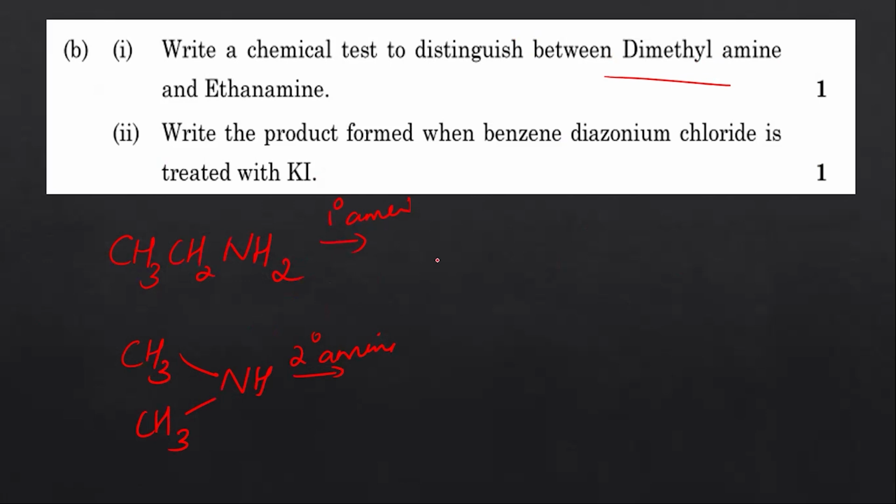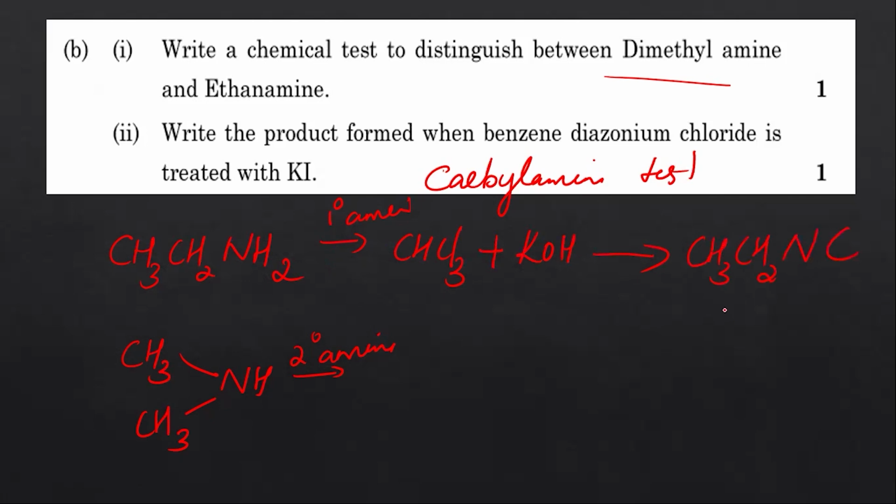So we know the test of primary amines. What is the test of primary amines? The primary amine test is the chloroform test, its name is the carbylamine test. Primary amines when treated with chloroform in the presence of an alkali give CH3CH2NC, an isocyanide, which has a foul smell.